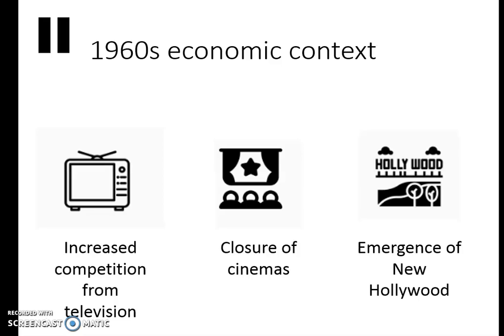Increased competition such as radio and television, but also the decline as a result of this of cinema audiences, leading to the closure of a lot of cinemas, and the film industry as being again at a significant moment where we have the emergence of new directors, innovative filmmaking techniques, and the emergence of what is later referred to as New Hollywood. So it's out of this background that the Jungle Book is created.